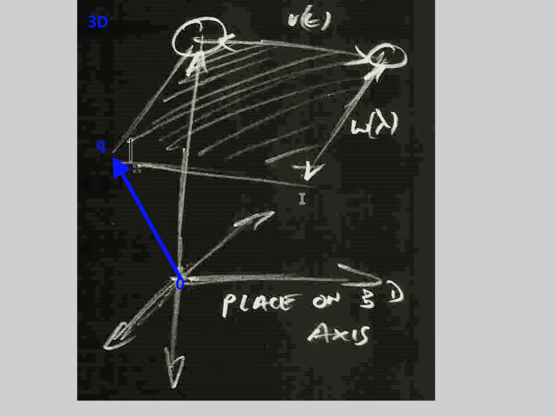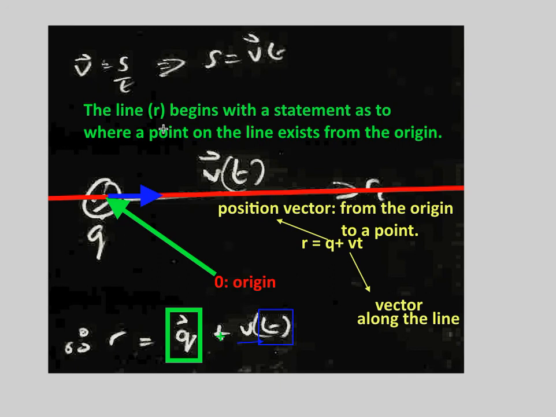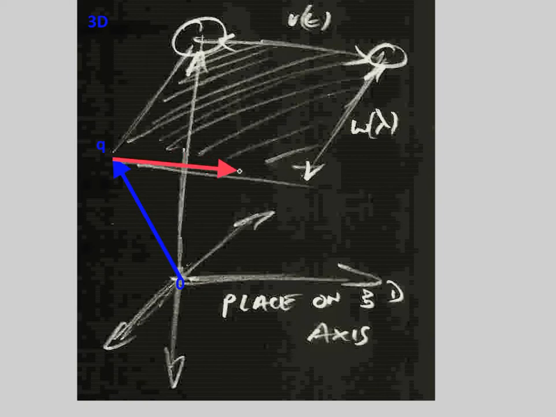And then I need my vector V, which going forward does not universally mean velocity. I'm now just talking about it as a vector along the line. So here we can have V. Let's say V looks like this.